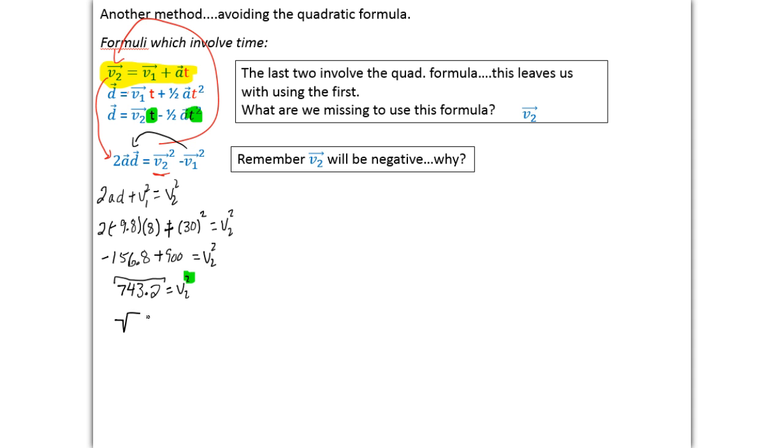So the square root of 743.2 is 27.3. So that's what the ending velocity is.